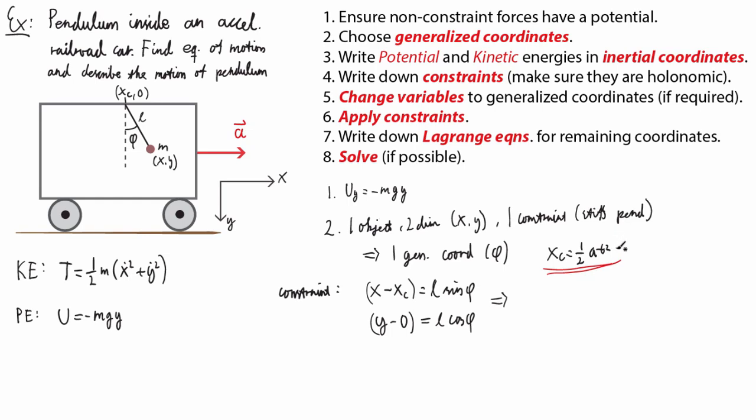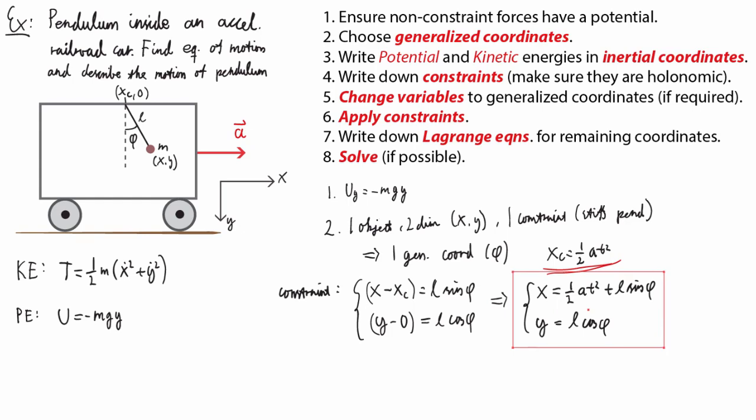There might be some initial velocity and position too, but we'll take those to be 0. So we get then that x equals 1/2 a t squared plus L sine phi, and y equals L cosine phi. Put a little box here to show what I'm actually after here.